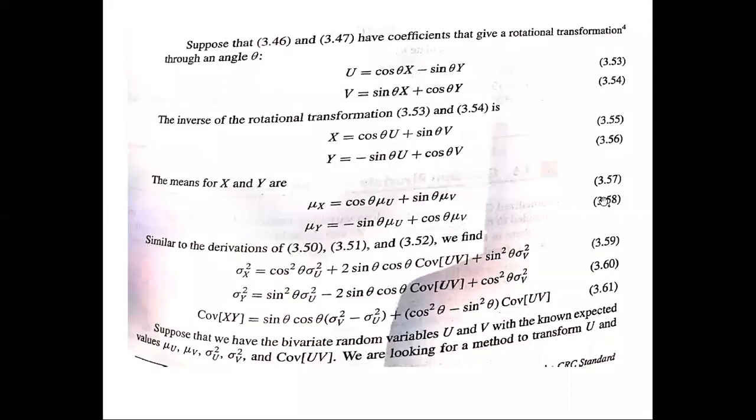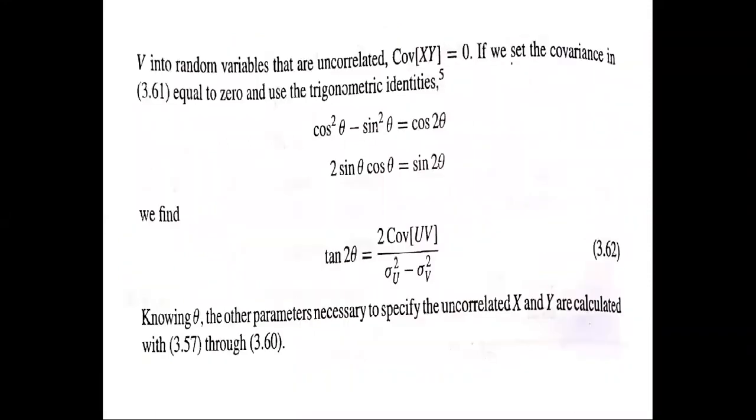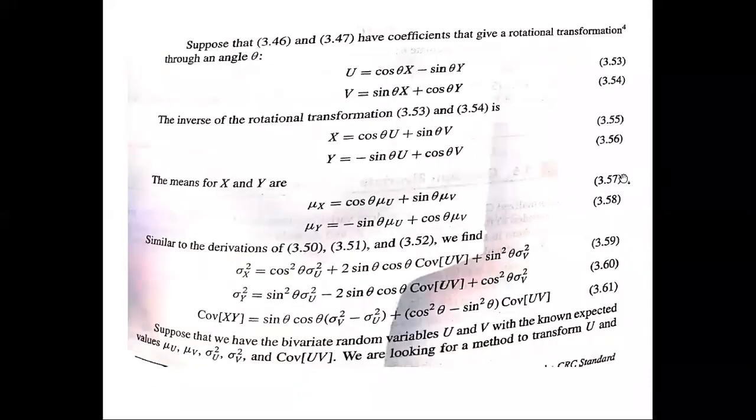There is nothing to find out for the covariance of xy because we have already said it is equal to 0. The only thing we need to find is theta initially, which is got from 3.61, that is basically 3.62. Theta we can find and substitute in the equations 3.57, 3.58, 3.59, and 3.60 to find the values of mu x, mu y, sigma x squared, sigma y squared.